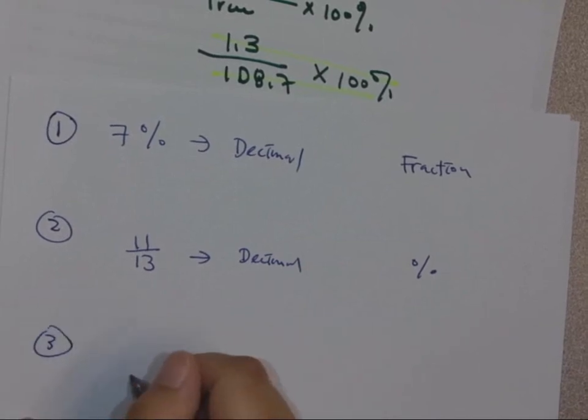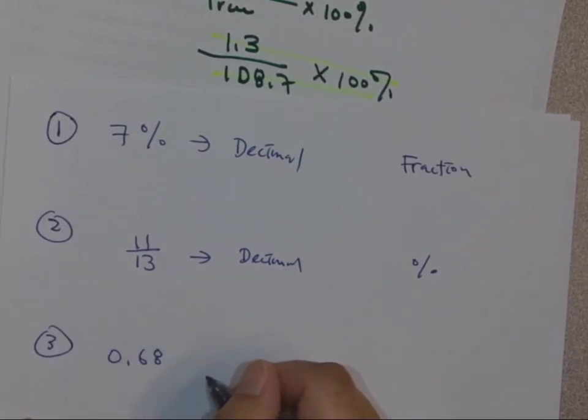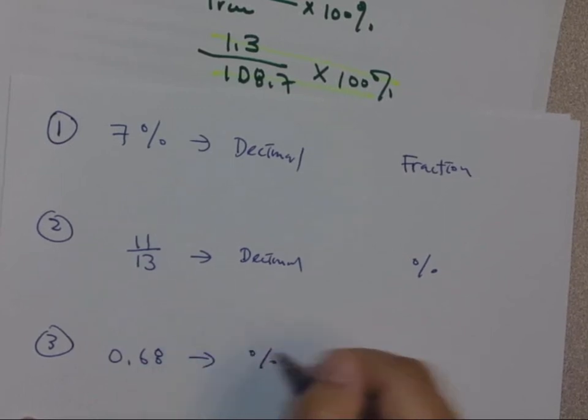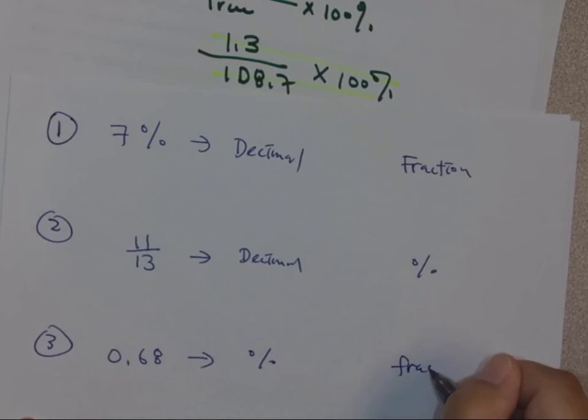Number 3, I want 0.68 changed to percentage and then fractions. You will have to show me a little bit of steps, okay?